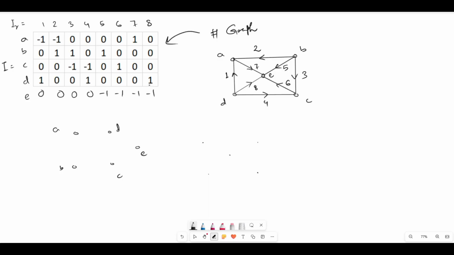Like this, you try to solve the numericals given in your book. Whichever book you are following, you will have an incidence matrix or reduced incidence matrix. Try to determine the graph from that incidence matrix. It is as simple as that. In order to remember the definitions, try to visualize the graphs, which will be very helpful for you to understand.